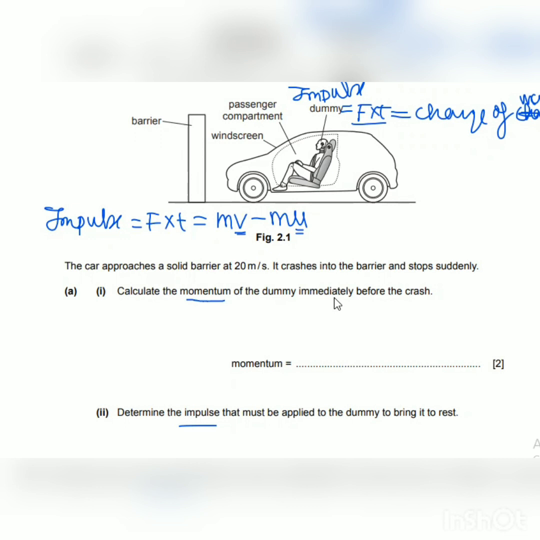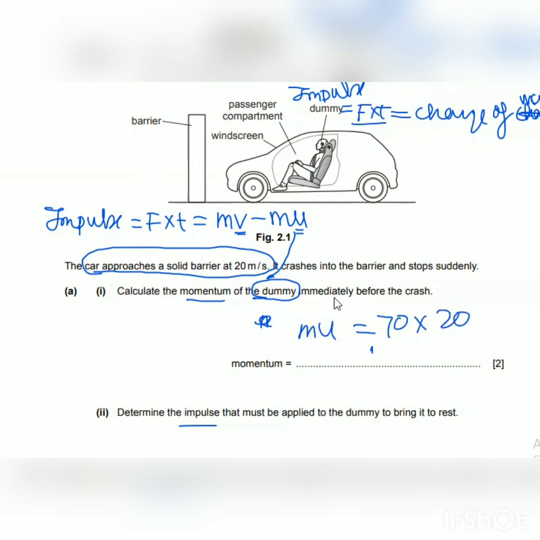The mass of the dummy was 70 kg, and the speed of the car was approaching at 20 meters per second. So the dummy was also approaching at 20 meters per second. He's actually only asking you the momentum of the dummy, not of the whole thing. So that is mass into u, which is 70 into 20, which is 1400. This you were right, kg meter per second.